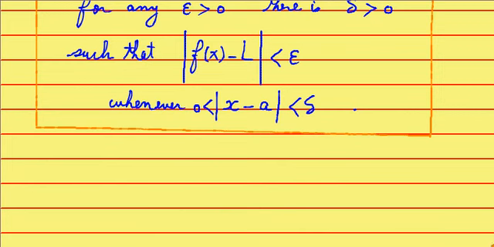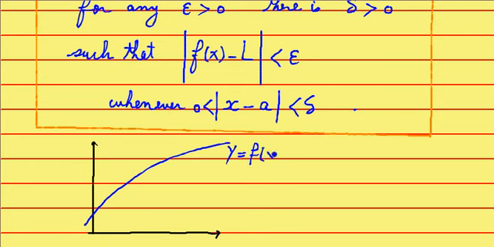Let's go ahead and draw some pictures, and perhaps the picture is going to help us with this. Suppose I have a function in this coordinate system, our function y is equal to f of x.